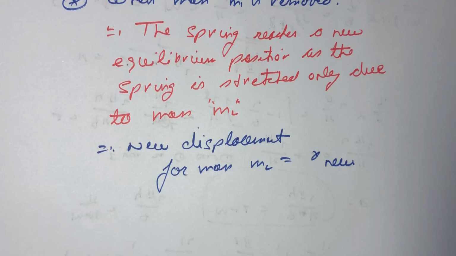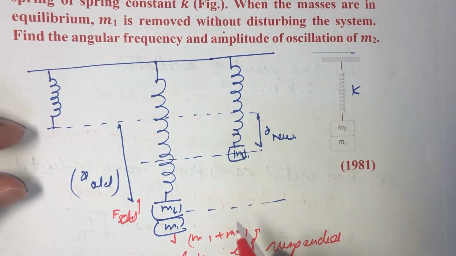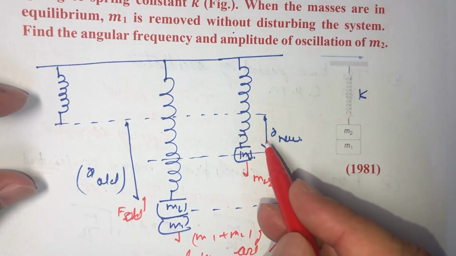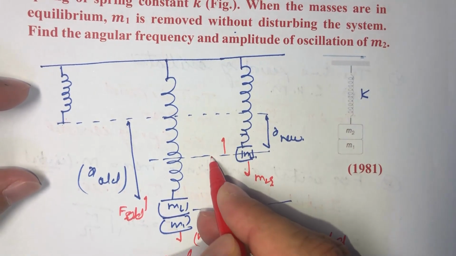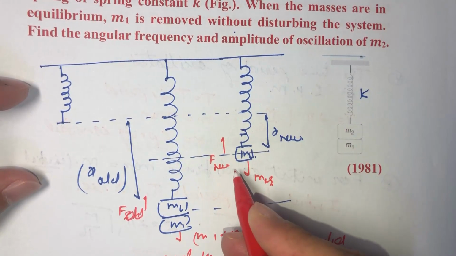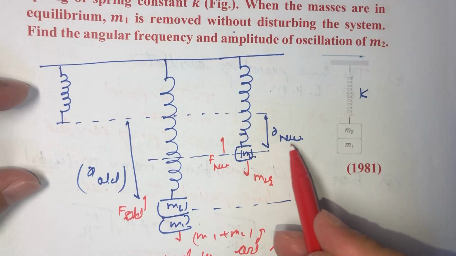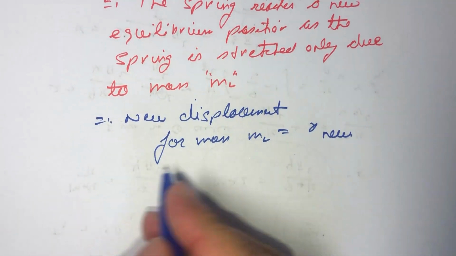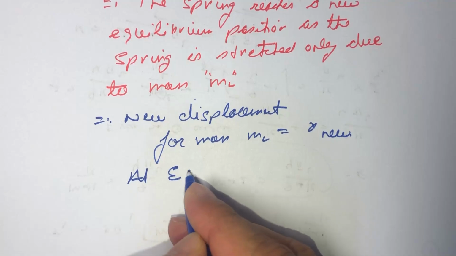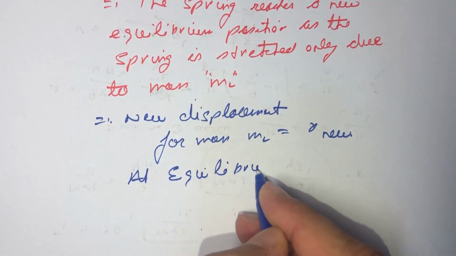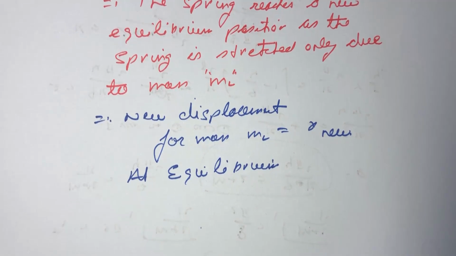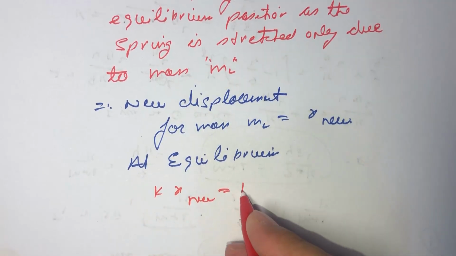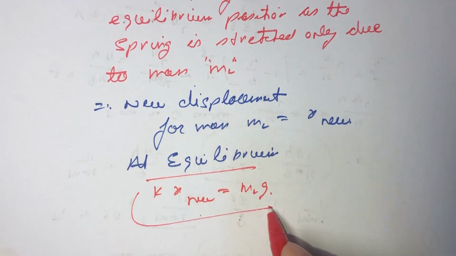Now in the downward direction we have only one force, m2g, and in the upward direction we have only one force, let us call it f new. Now f new equals k multiplied by x new. Therefore at equilibrium, k multiplied by x new is equal to m2 multiplied by g.